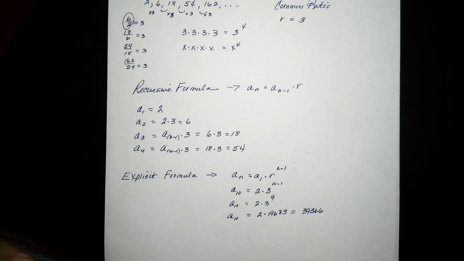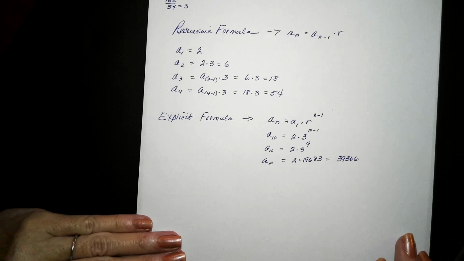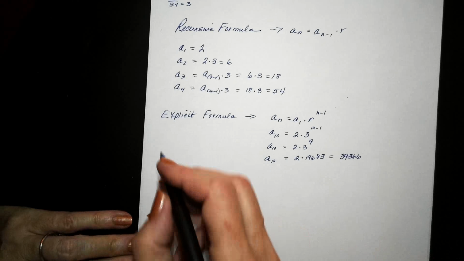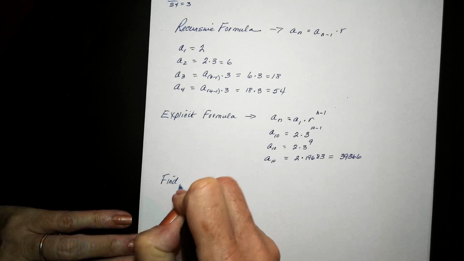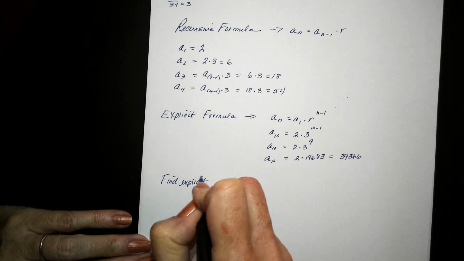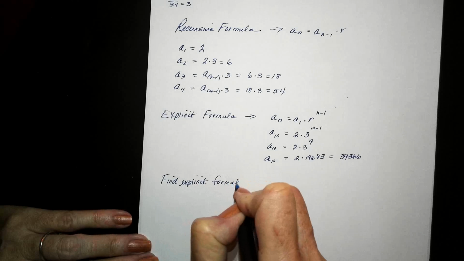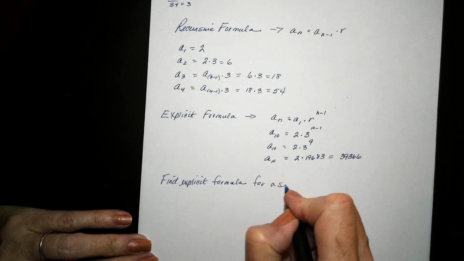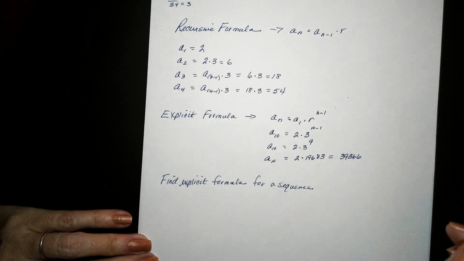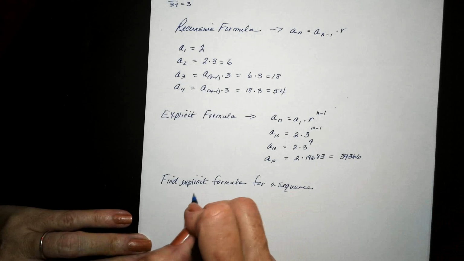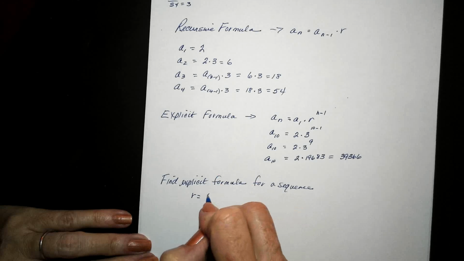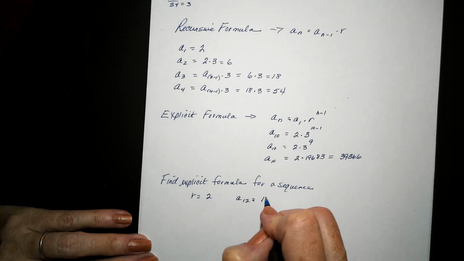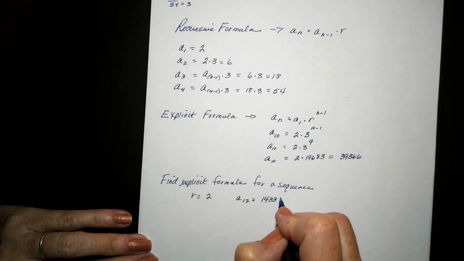Okay, suppose we're asked to find the explicit formula for a sequence where R equals 2 and A12 equals 14,336.